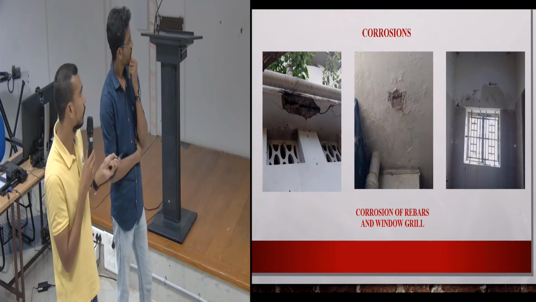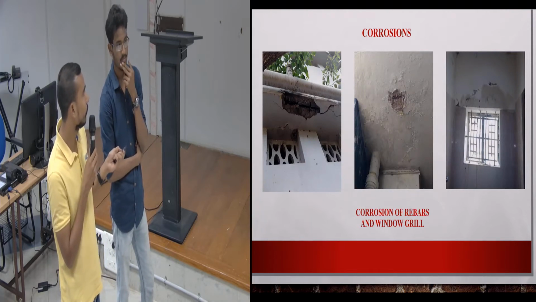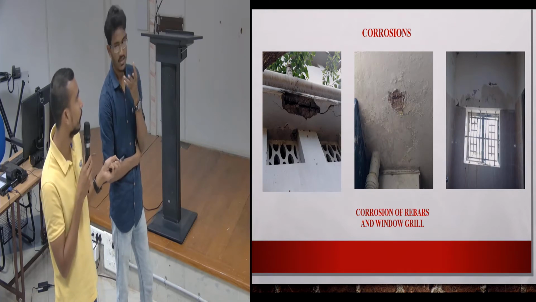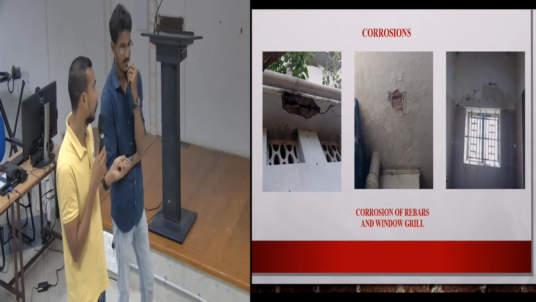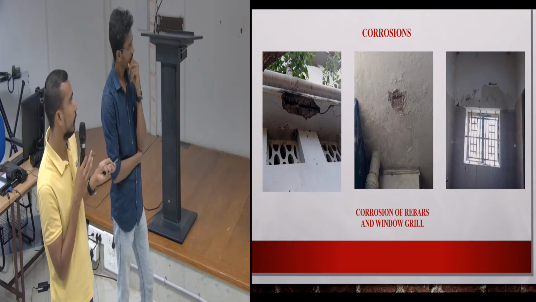These are due to corrosion. Here spalling occurs because of corrosion. And here we can see that because of corrosion the concrete comes out.